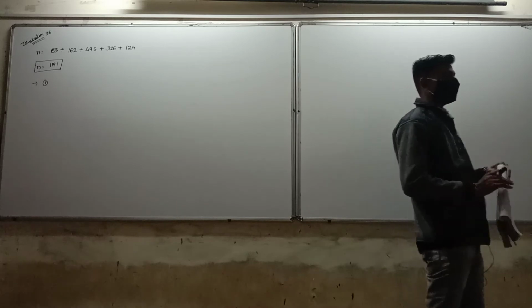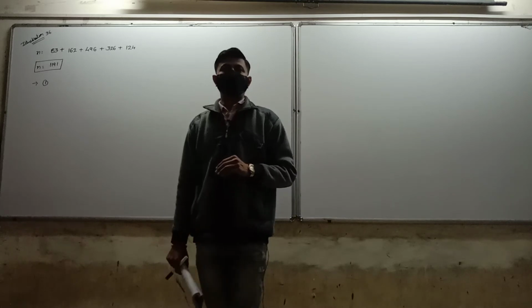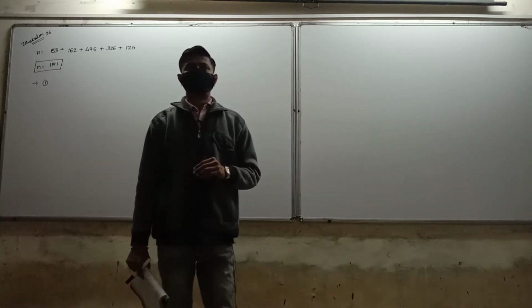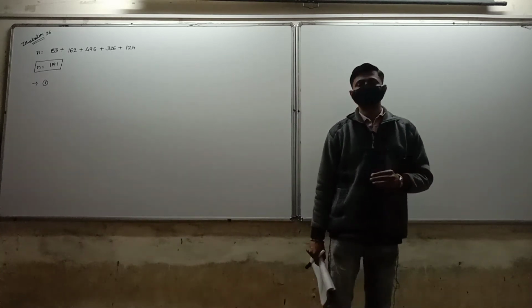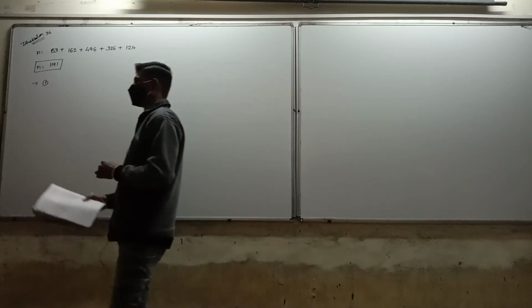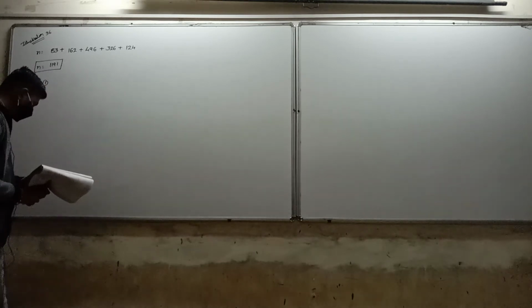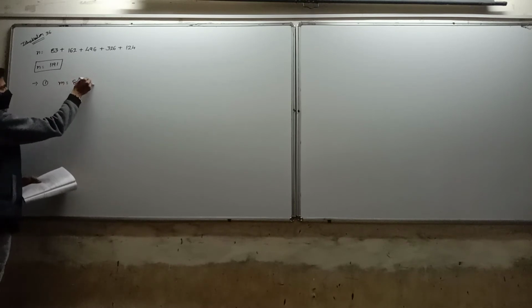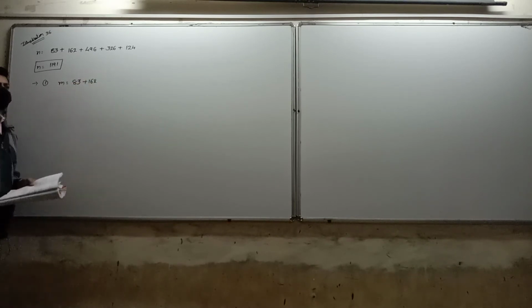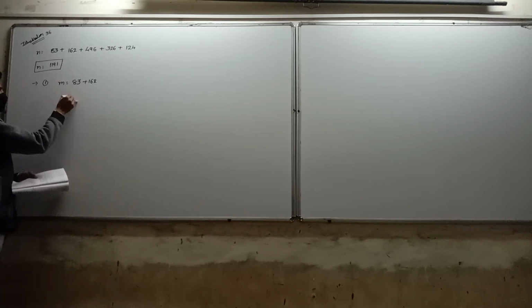Favorable outcomes of event A is, okay, less than 41 marks means first two column total. M is equal to 83 plus 162. M is equal to 245.